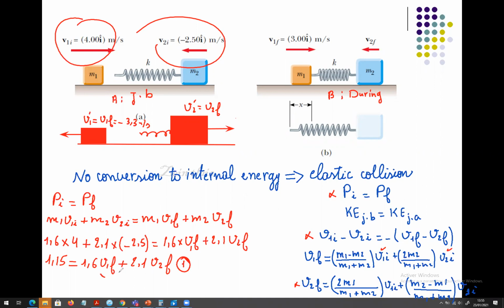Okay, let's take this relation: V1 initial minus V2 initial equals minus (V1 final minus V2 final).